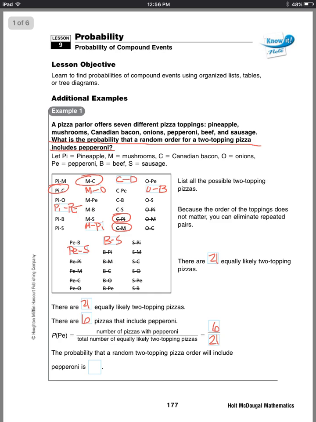When you simplify, you divide each by 3 and get 2/7. So the probability that a random 2-topping pizza will include pepperoni is 2/7.